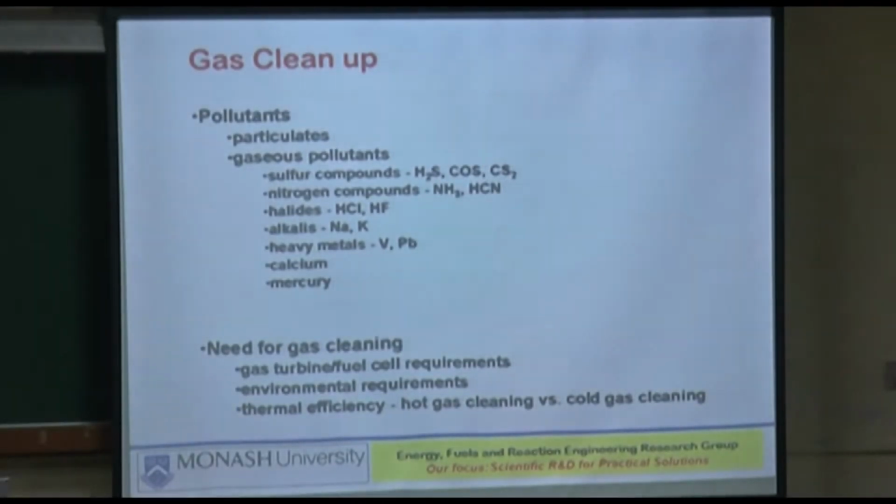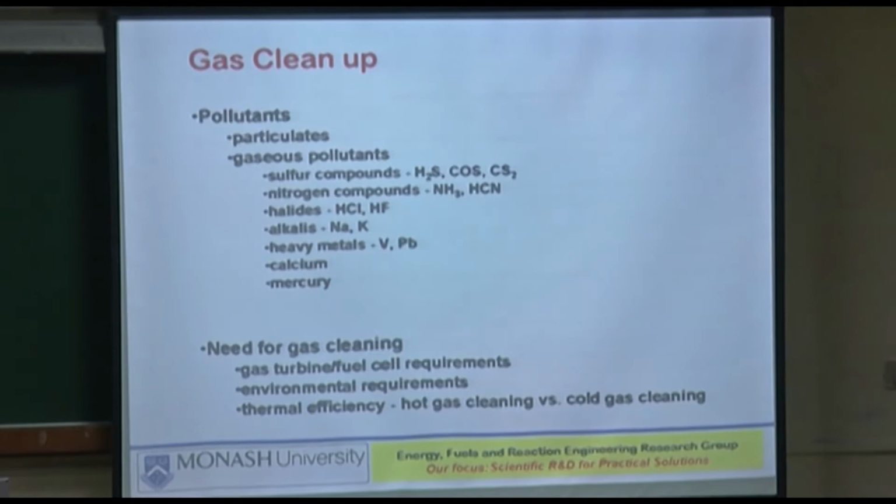The sulfur compounds, and as I said the other day, the main form in which sulfur comes out is not sulfur dioxide at all. It's in the form of hydrogen sulfide, carbonyl sulfide, COS, and also CS2, carbon disulfide.